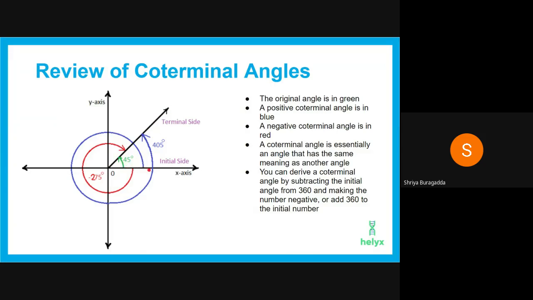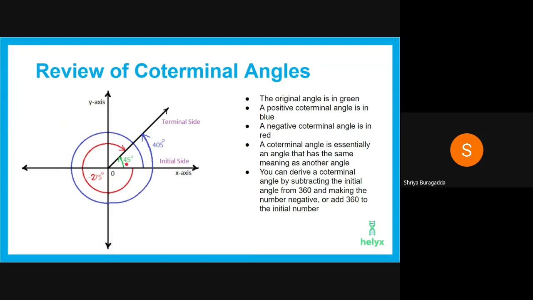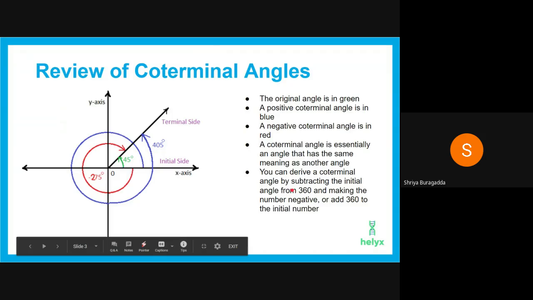So the positive coterminal angle is outlined in blue, so it goes in the same direction as the original angle, but the negative coterminal angle is in red, and it goes in the opposite direction of the original angle. So a coterminal angle is essentially an angle that has the same measurement or meaning as another angle, and you can derive a coterminal angle by subtracting the initial one from 360 and making the number negative, or adding 360 to the initial number.